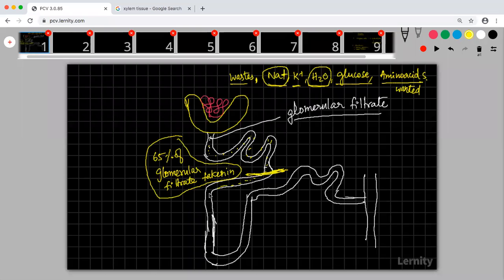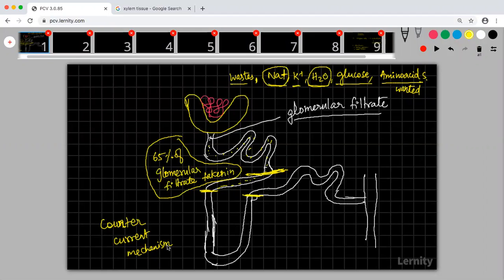Now in the Henle's loop, something important is going to happen. In Henle's loop, something called the counter current mechanism is going to happen. What is the meaning of this counter current mechanism?